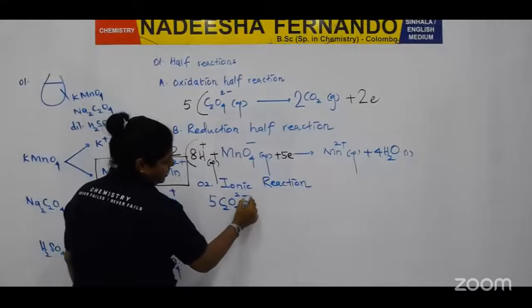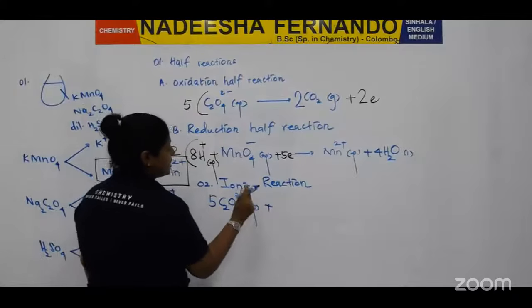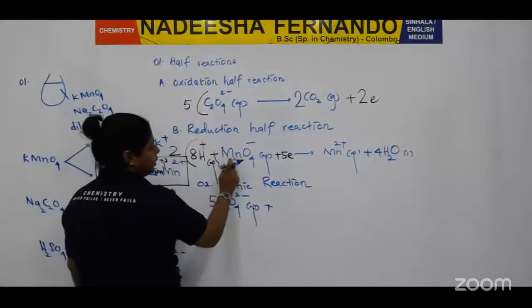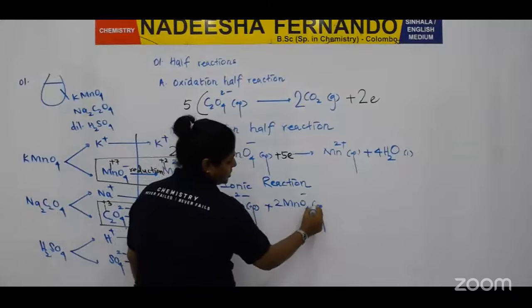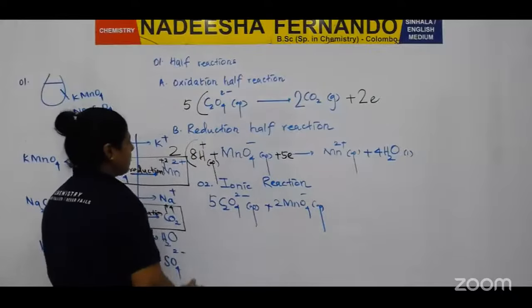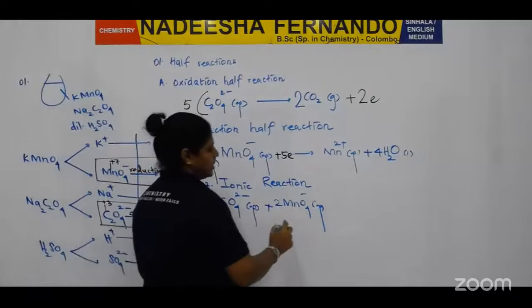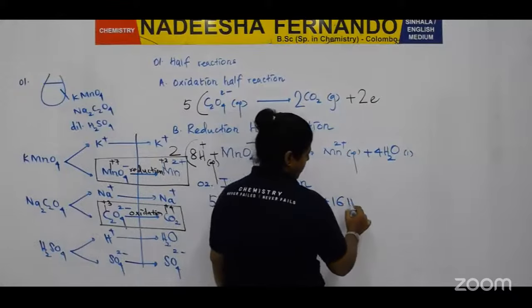Then write 5 C2O4 2 minus. First write the main components, right? 2 MnO4 minus. Then 2 into 8, 16 H plus.